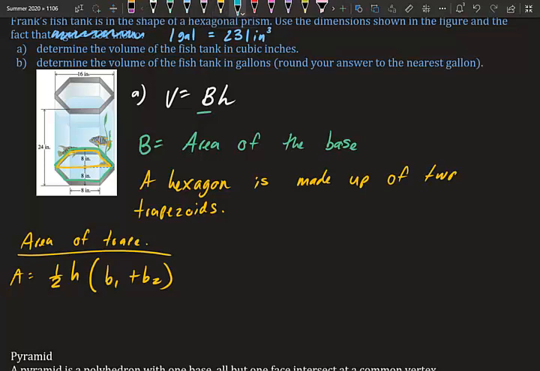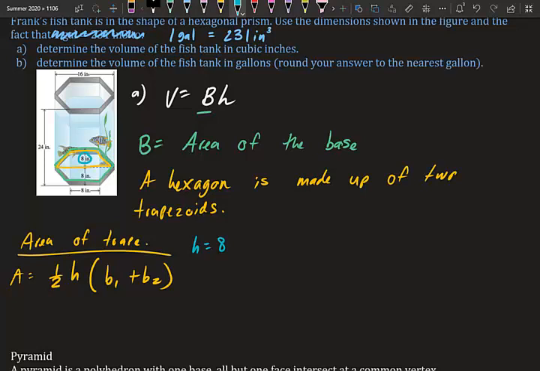Alright, we need to determine our h and our b1 and our b2. So our h is the height, which is 24. Sorry, you'll see it adds up to 24 later on. Alright, so we need to find the height of our trapezoid. So the height of the trapezoid is 8 inches.